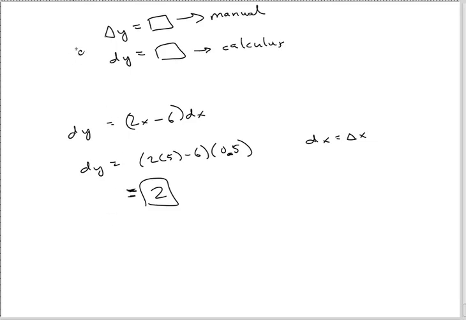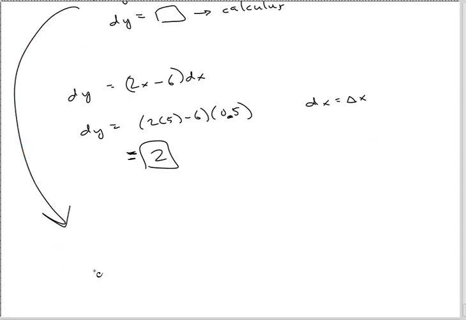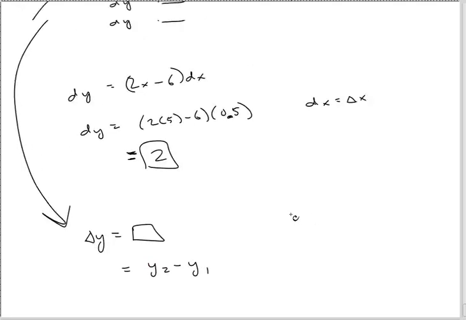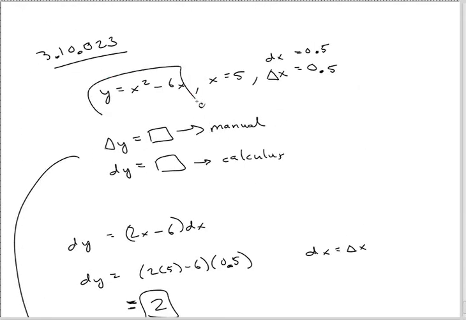All right, so let's talk about doing this manual method now. So I got delta y is equal to what? Well, this is a y2 minus a y1. I'm doing the difference between two different y values. And so I have what my y's should be, and I'm going to plug in a 5, and then I got this guy.